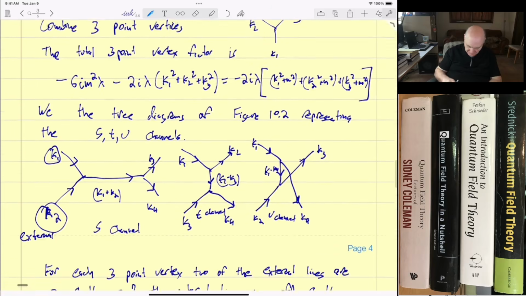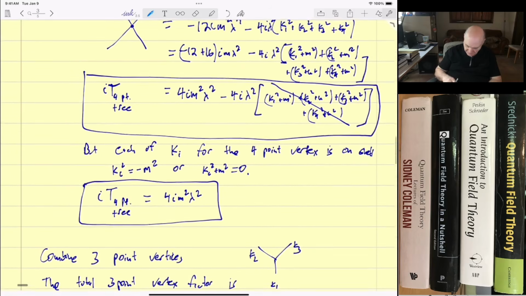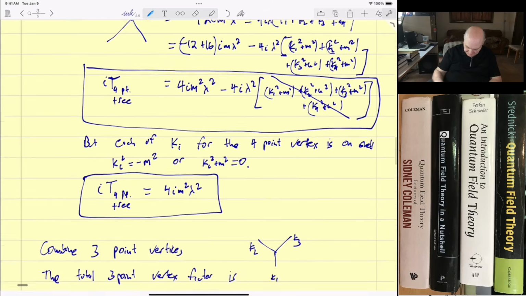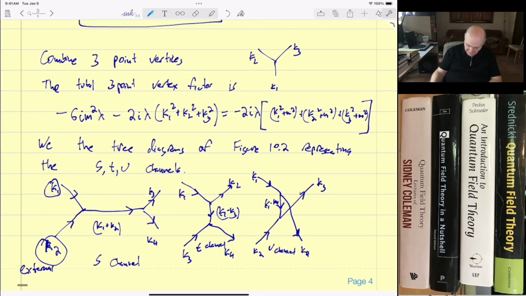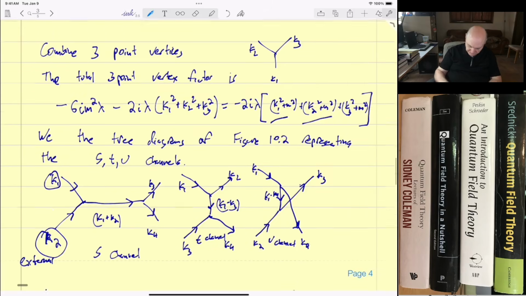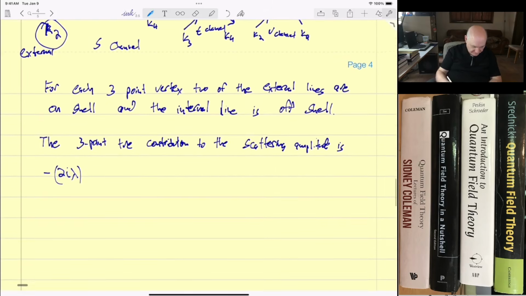Let me just make sure I go back to my 3-point thing. So when it's on shell, it doesn't contribute. If K1 and K2 are on shell, then this and this will be 0, and the other one won't be 0. So I'm going to get minus 2I lambda.